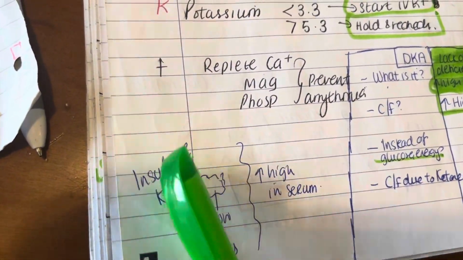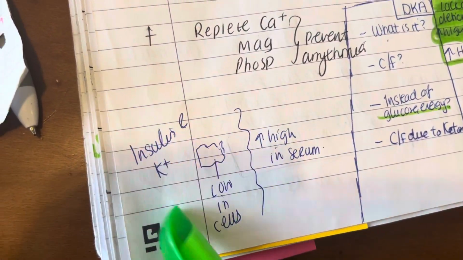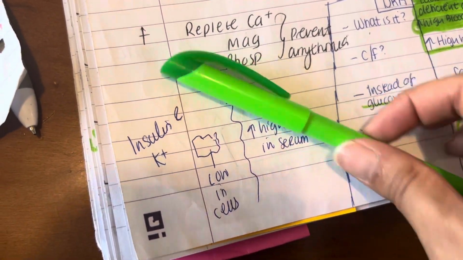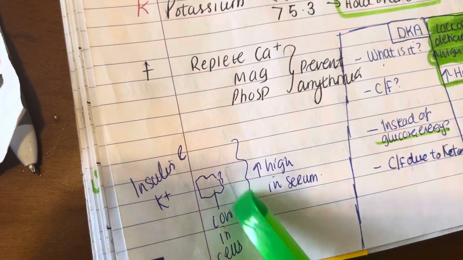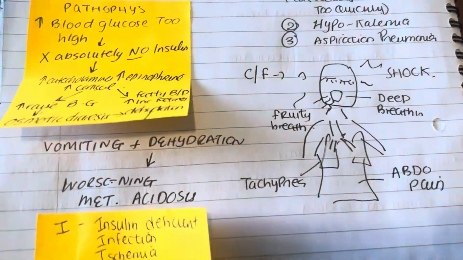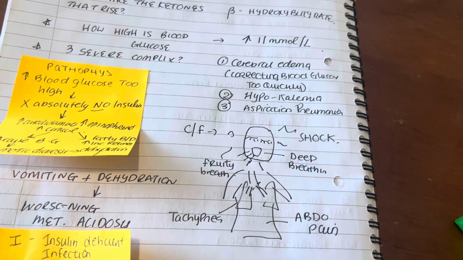Here's insulin and K+. When we don't have enough insulin, the intracellular capacity of potassium is low, because insulin and potassium work together, even though the potassium might be high in the serum. The other complication includes aspiration pneumonia.